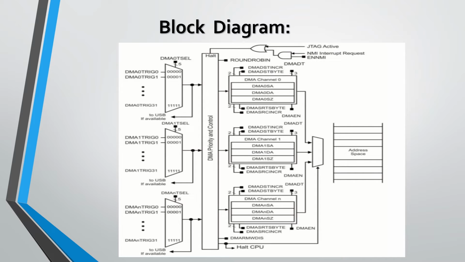When destination byte equals 0, the destination address register and the temporary register is incremented or decremented. Then DMA source increment. This selects automatic increment or decrement of the source address for each byte or word transfer. When DMA source byte equals 1, the source address increments or decrements by 1. When DMA source byte equals 0, the source address increments or decrements by 2.